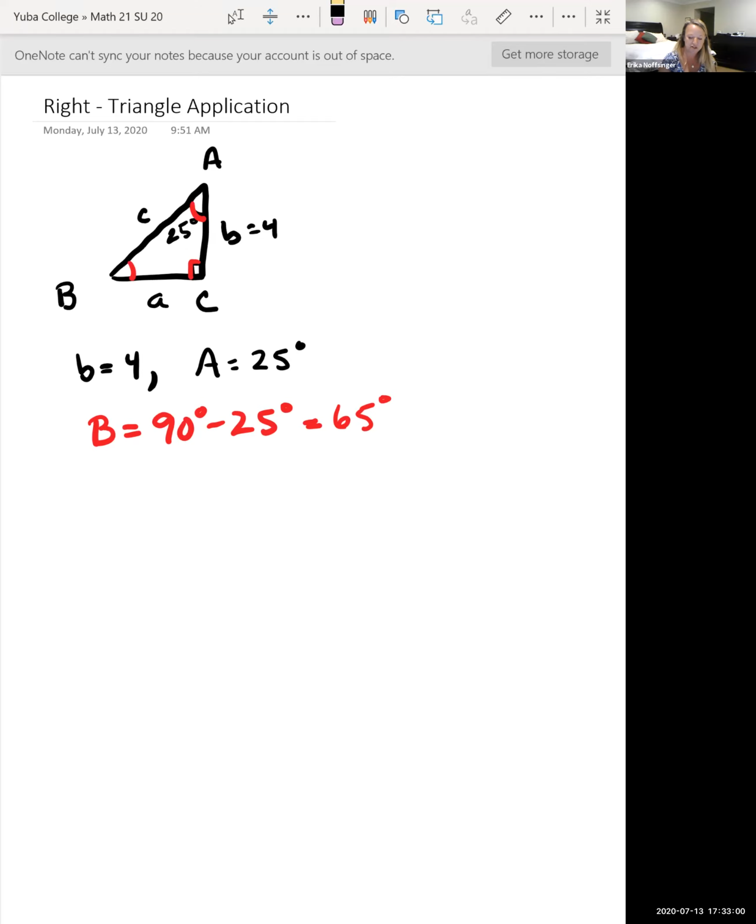So just choose one of them. Let's say we chose the one that we're given. If we chose angle A and we want to find side A, let's think about it: from angle A, we have the adjacent side and we're trying to find the opposite side. So which trig function would you use if we're dealing with opposite and adjacent?